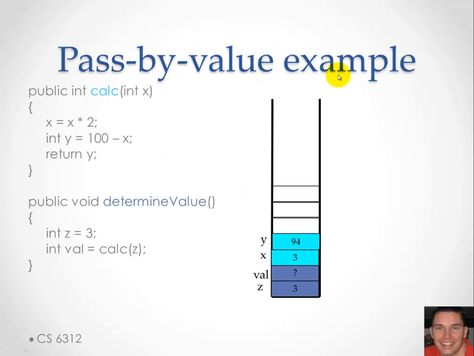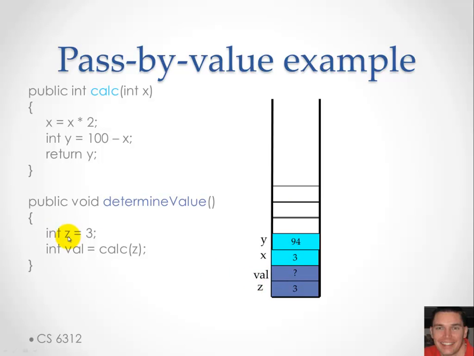Here's what we call a pass by value example, which happens with all our value variables. So here is our first method. I didn't put animation into this particular slide, but we have called public void determineValue. When we call this method, out on the stack, and the stack grows upward, it reserves a memory slot for Z and for val.